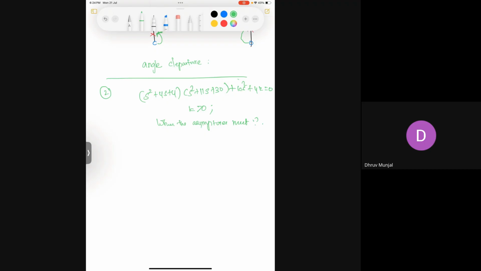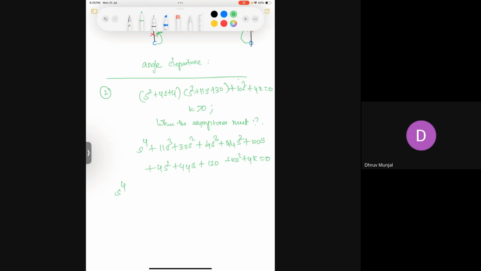The poles will be of s power 4. We already saw one method, right? We have to use that method. s power 4 plus 11s cube plus 30s square plus 4s cube. I might make some mistake, so please solve with me and tell me if I have made any mistake. Plus 44s square plus 120s, plus 4s square plus 44s plus 120, plus k squared plus 4k equal to 0.